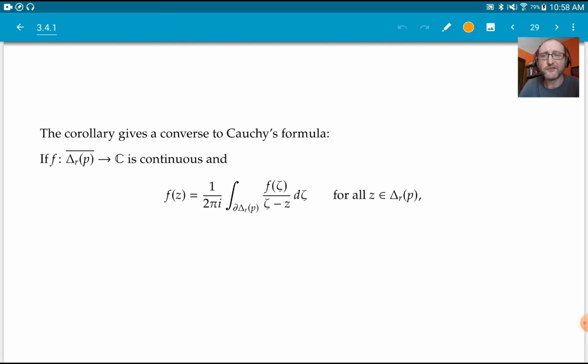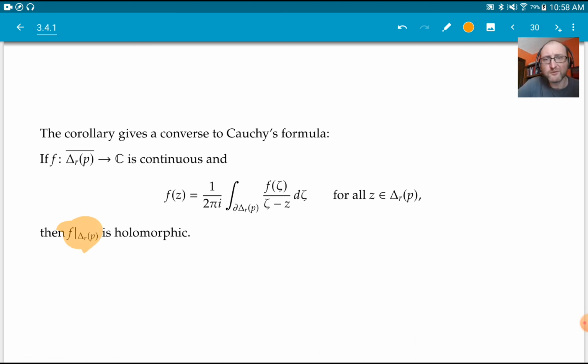So if we have a continuous function F on the closed disk, and we have that F is equal to the Cauchy transform of the boundary values of F, if this is true for all z in the disk, then F inside is holomorphic.